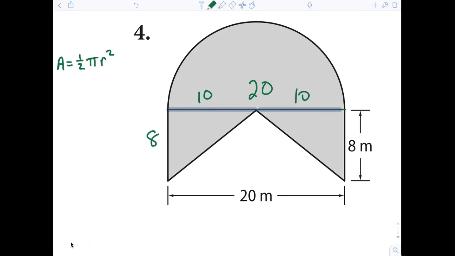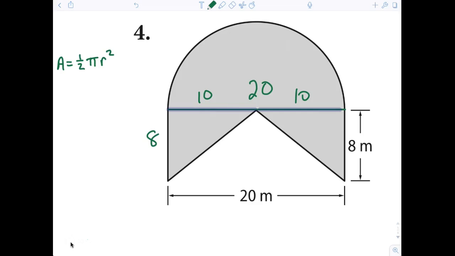All right, what's the formula for area of a triangle? Diesel. No, you're doing trapezoid.